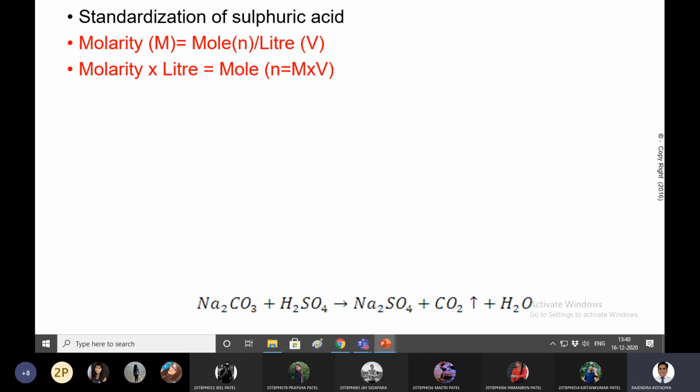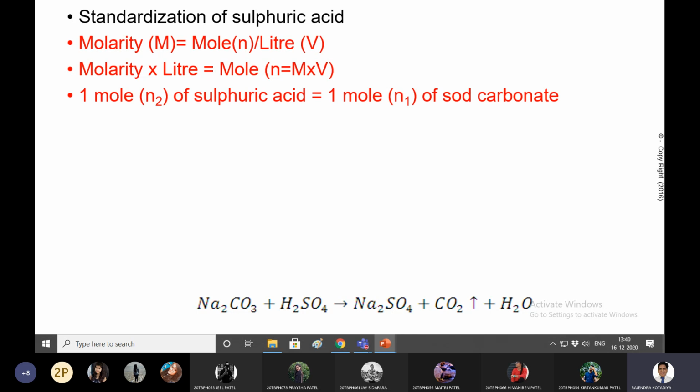Let us take molarity as capital M, mole as small n, and liter of that solution as capital V. If we rearrange the equation, we just take the liter from the right hand side to the left hand side. So molarity into liter is equal to mole, that is, small n is equal to capital M into capital V. Now based on this chemical reaction, 1 mole of sulfuric acid is equal to 1 mole of sodium carbonate.